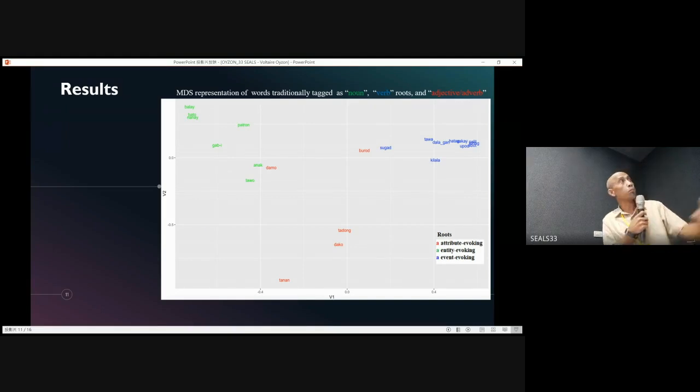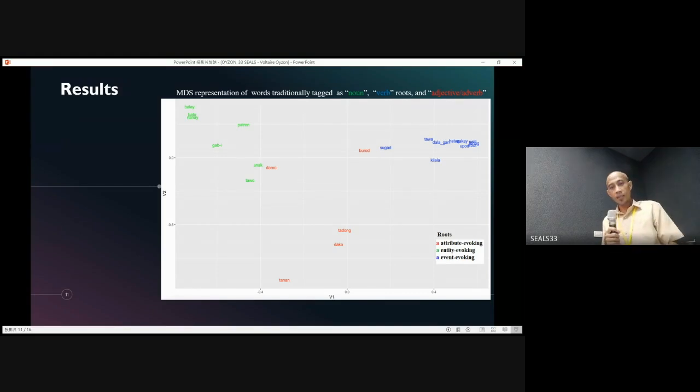And the same is true with the word burod, or pregnant. The red one that's with the blue group there is traditionally tagged as an adjective or modifier. But in the corpus, it behaves more into the category of the event-evoking roots. So the word burod is mostly used as a predicate in the corpus and secondarily as a noun and modifier, but they are not absolute categorization.